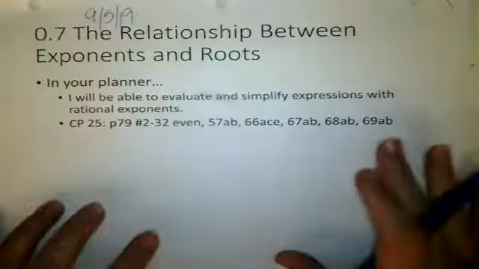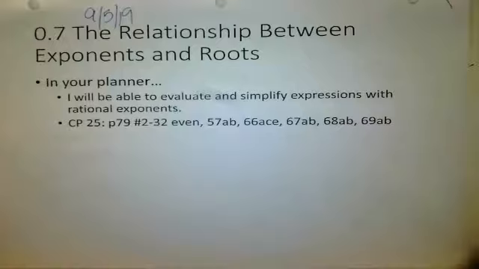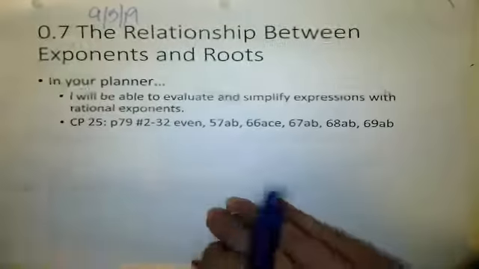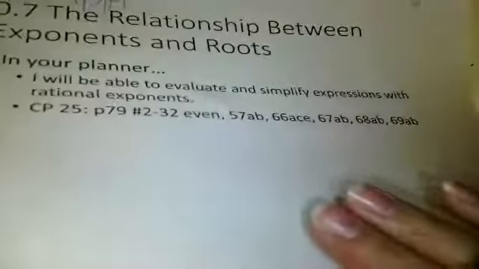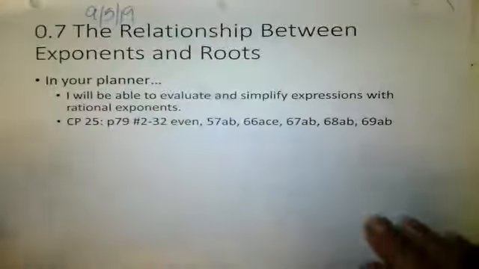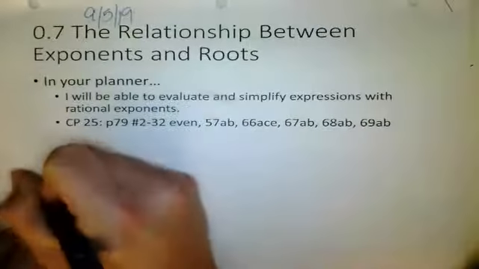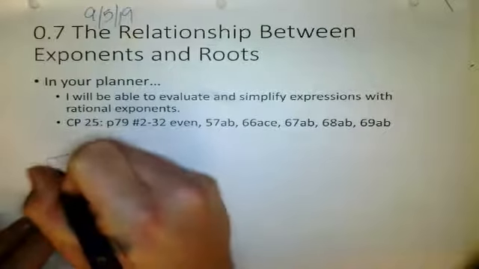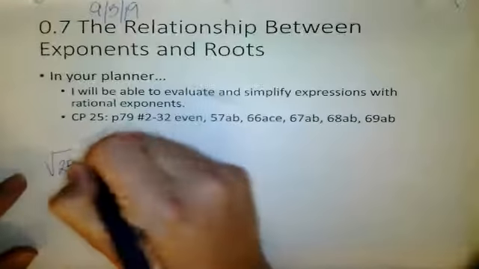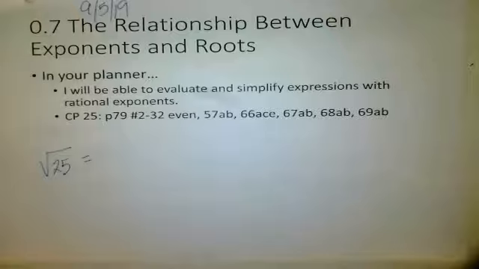Okay, so today we are looking at the relationship between exponents and roots. It turns out that square roots, like the square root of 25, have another form that we can write them in.